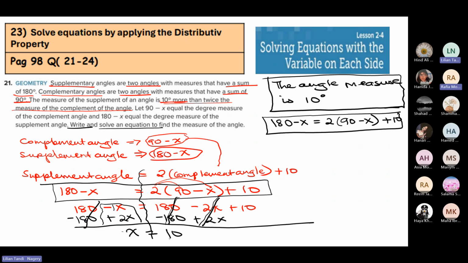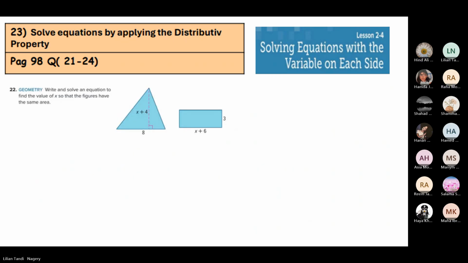All right, so it says write and solve, so you should have 2 answers, okay? And what are you solving for? The value of x. So first, you need to write an equation. Al told you something very important. These figures have the same area.